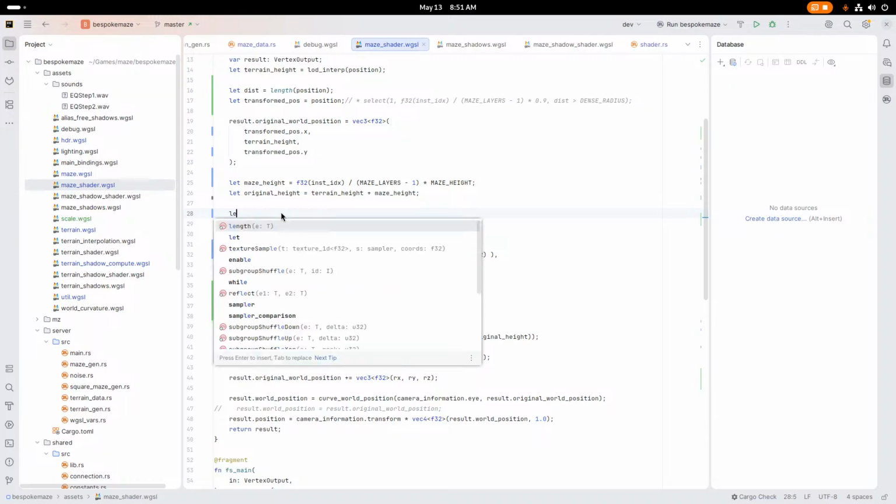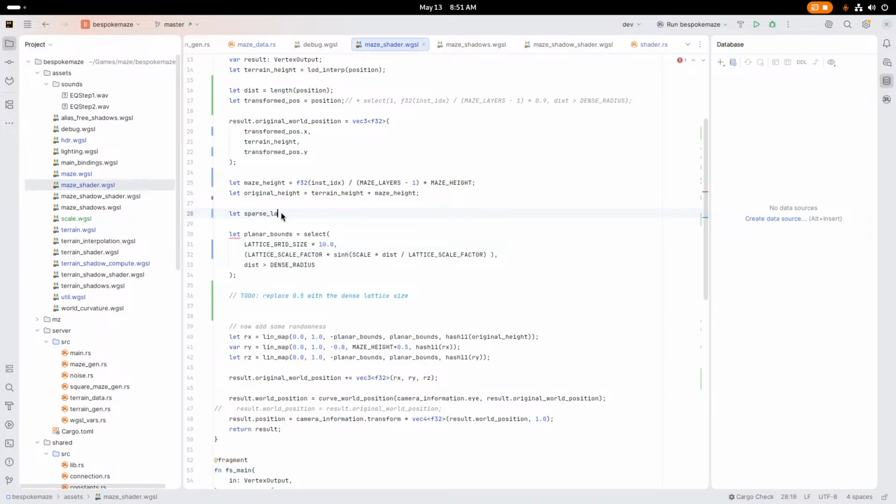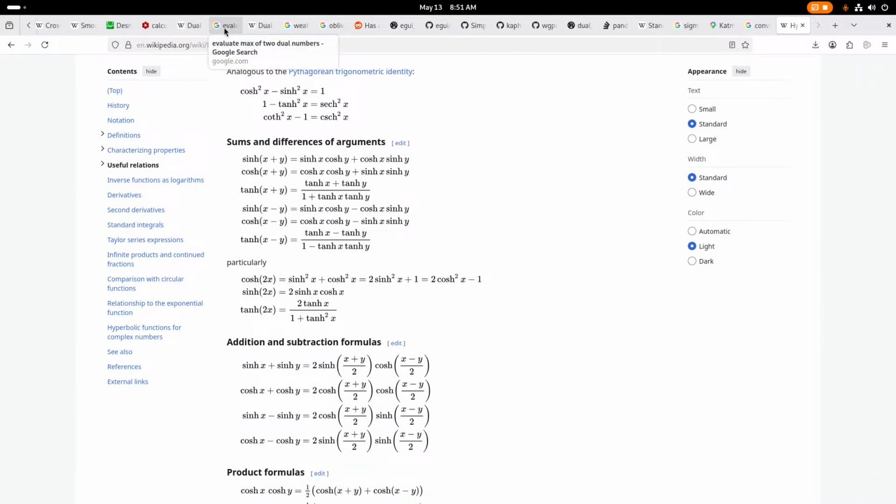so let sparse lattice space is equal to asinh of dist. Wait, is there no asinh in WGSL? Surely. Surely you must be joking. Alright, let's just slowly look through.